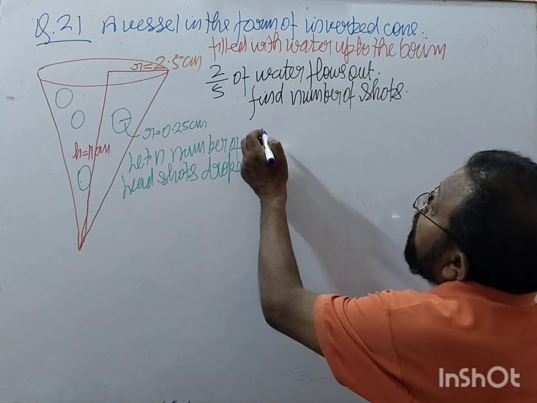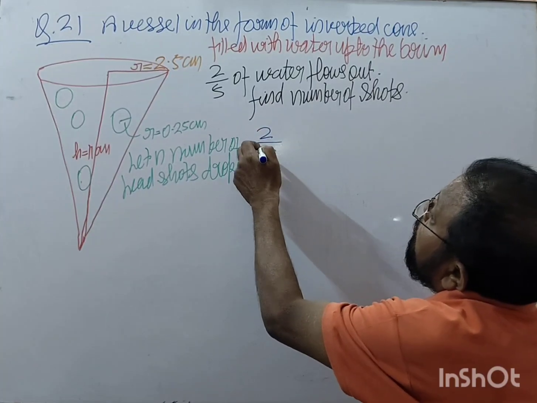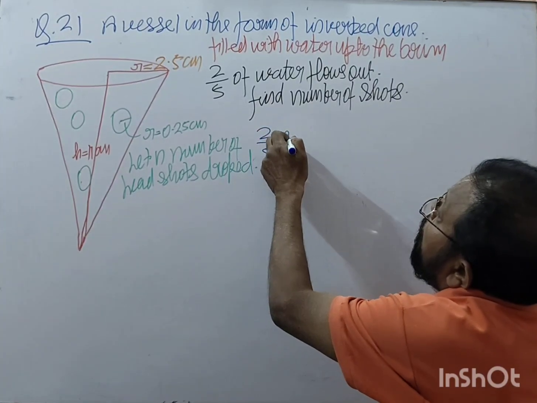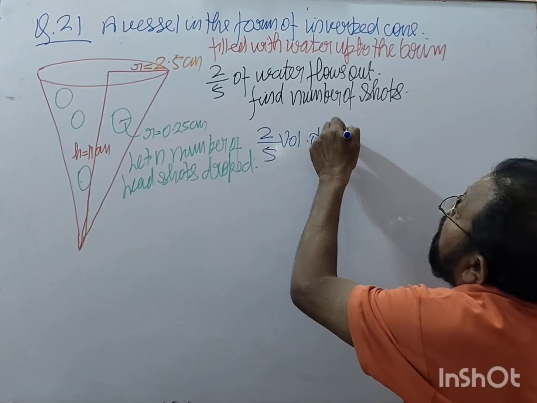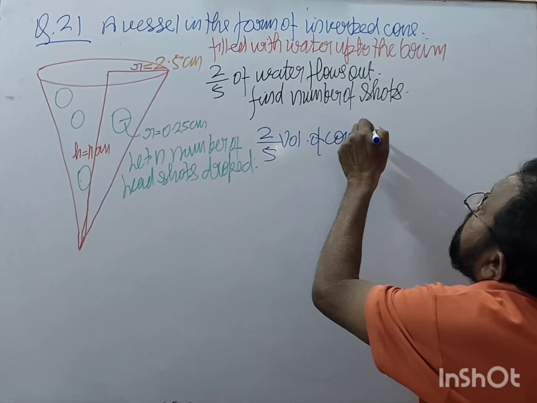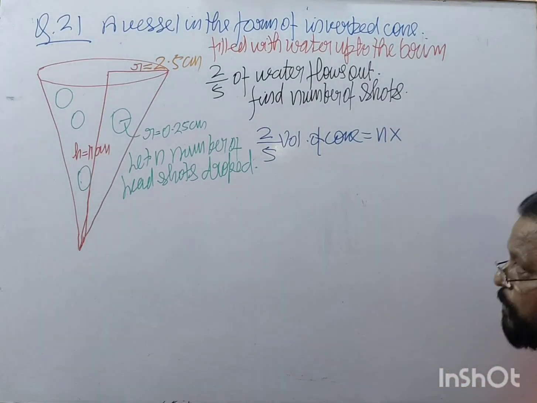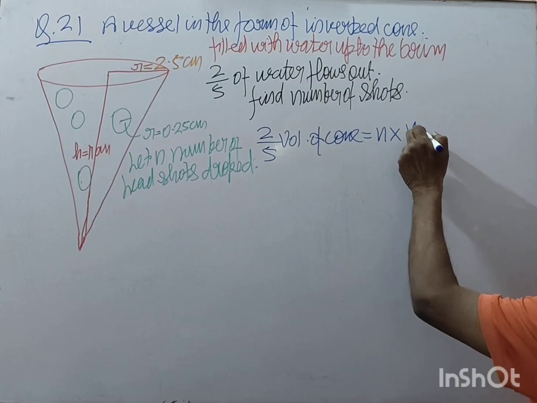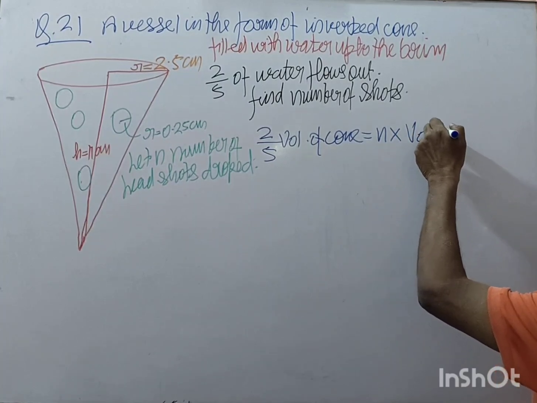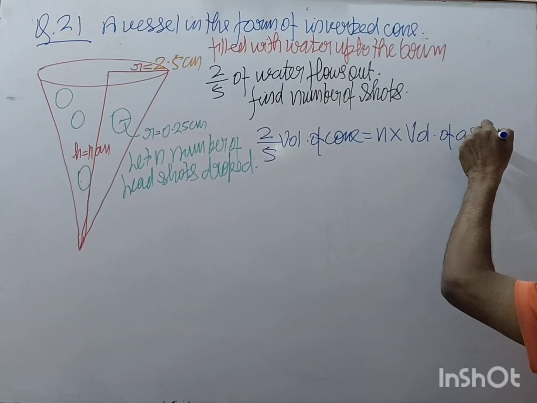So we have 2/5 volume of cone is equal to n into volume of a sphere.